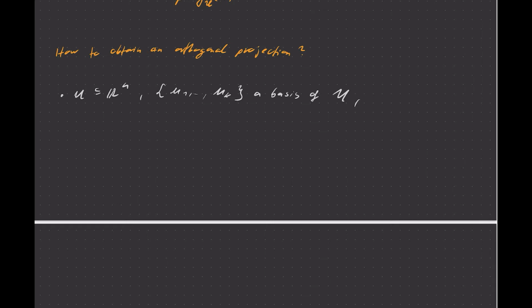And also, let's say we have a vector V in R to the n, and we want to find its orthogonal projection. So we want to find U in U, U ortho in U ortho, with V equals U plus U ortho.